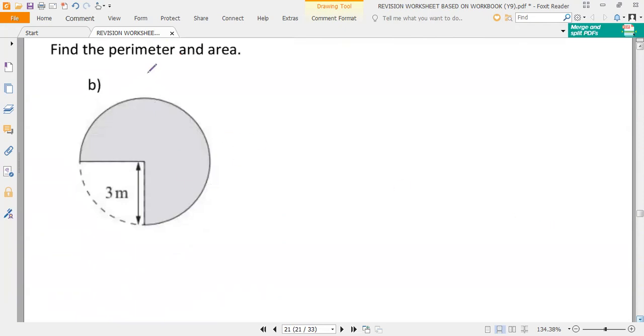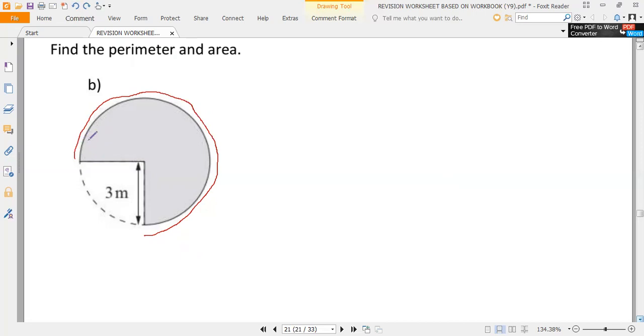Okay, next one, perimeter and area for a 3/4 circle. So first part is perimeter. Remember, for perimeter, it's a part of the circumference topic. So you have to find the curve by using the formula. After that, don't forget to plus 3 and plus 3 to make it complete. Let us find the curve first.